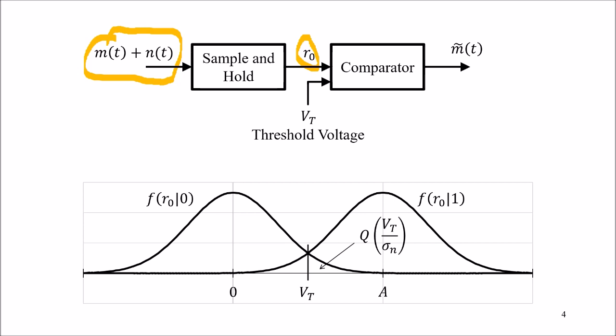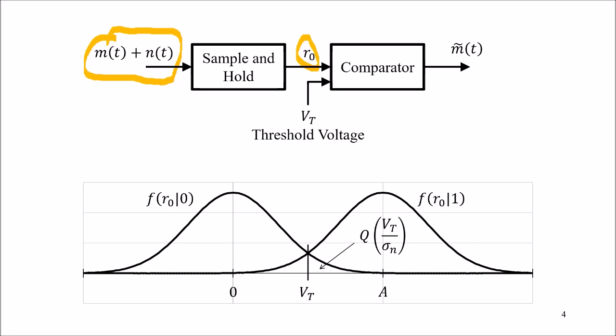And if the value of the signal plus the noise at that sample instant is less than a certain threshold voltage, then it will be assigned the logical 0. So there's two possibilities in sending in our message signal.